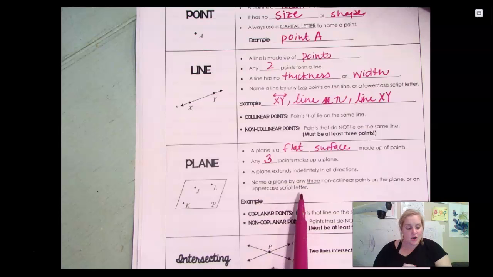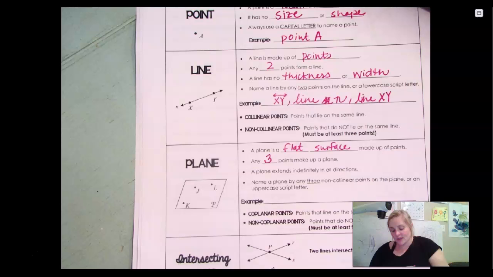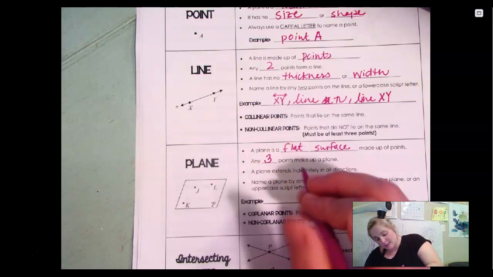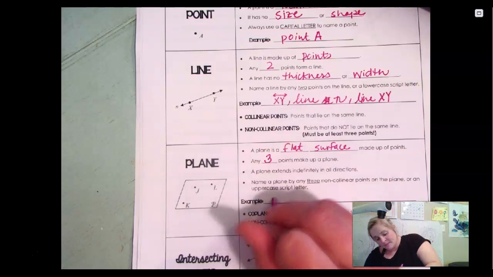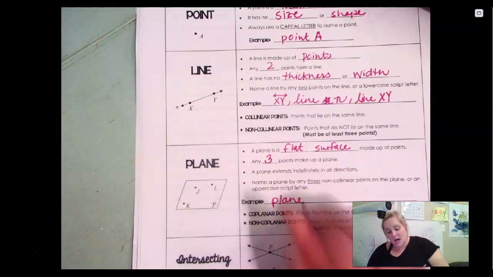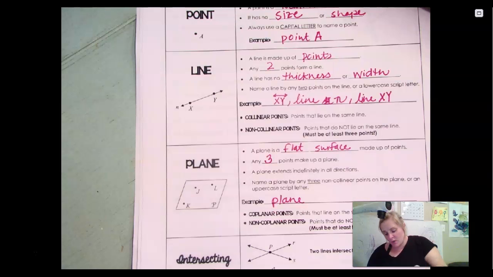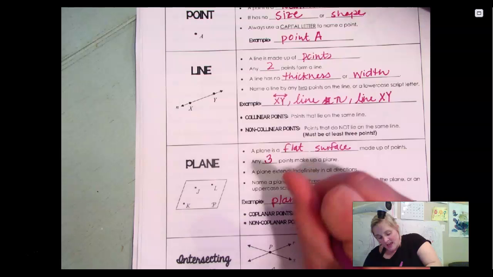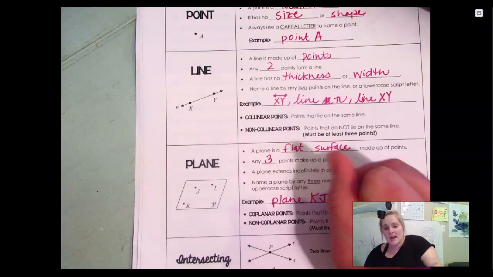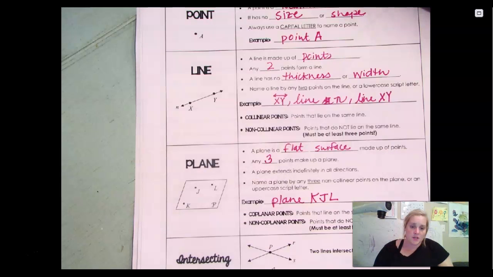Okay, so they can't be in the same line, which all of these are kind of around, so we're just going to say that this is a plane. And we're going to say 3 non-collinear points. So I'm going to say K, J, L. Can you think of another one? Maybe LPK or KLJ.